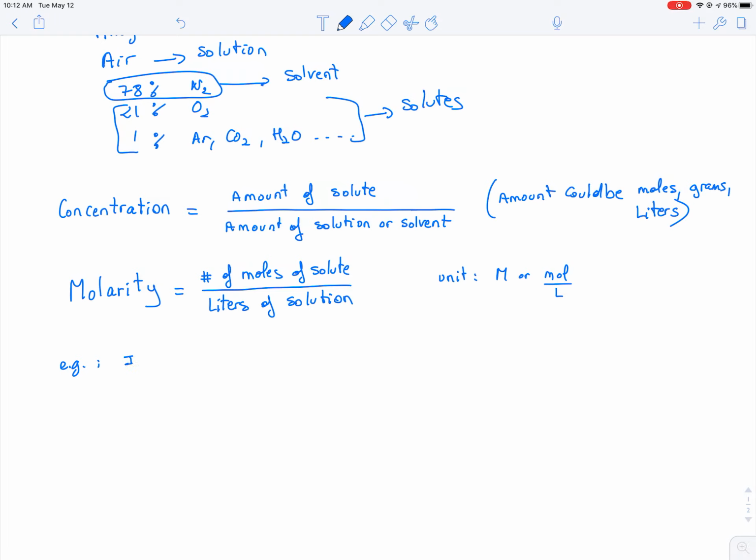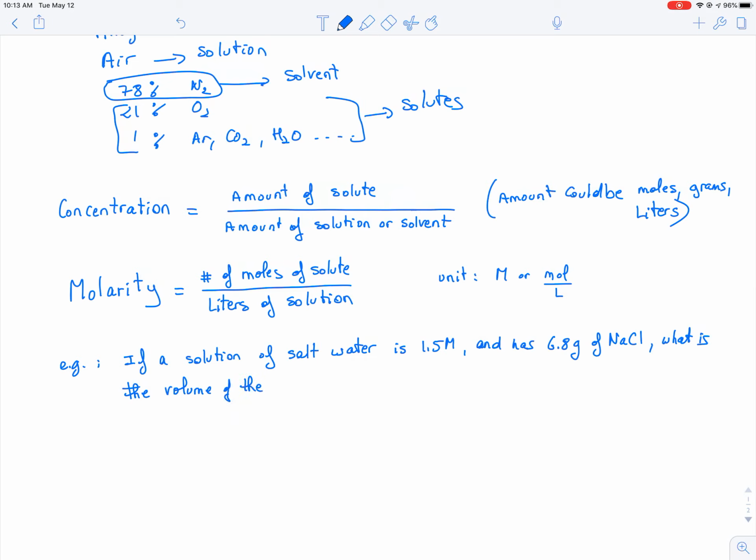If a solution of salt water is 1.5 molar and has 6.8 grams of NaCl, what is the volume of the solution?